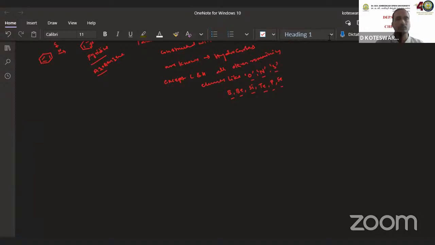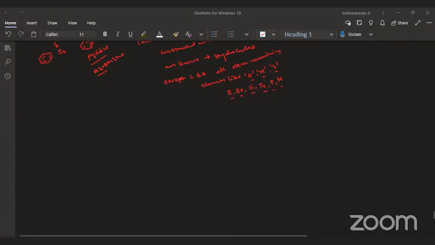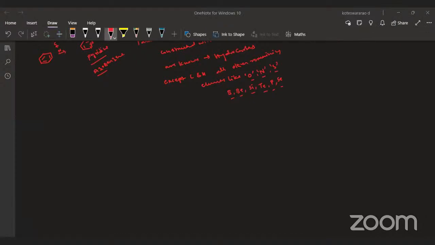Later, we need to go for the nomenclature of heterocyclics, right? Then coming to classification of heterocyclic compounds.